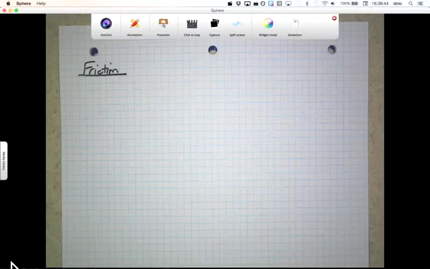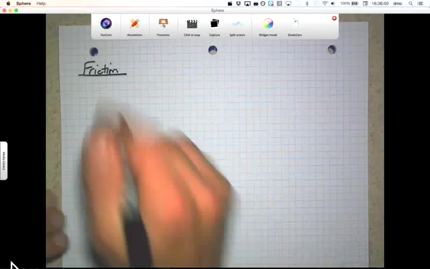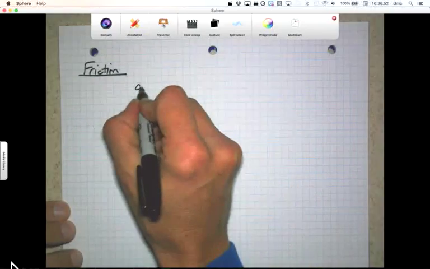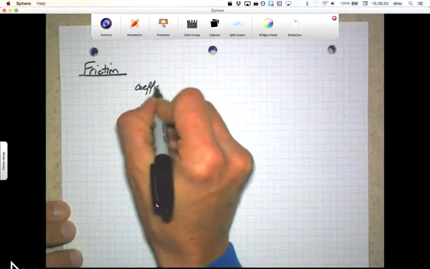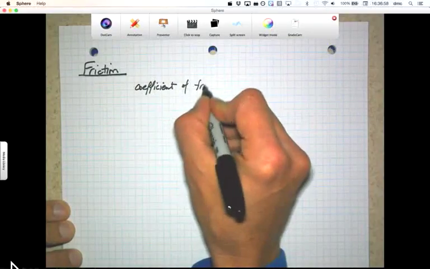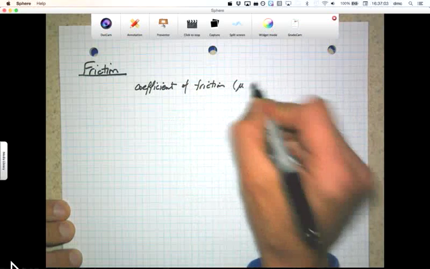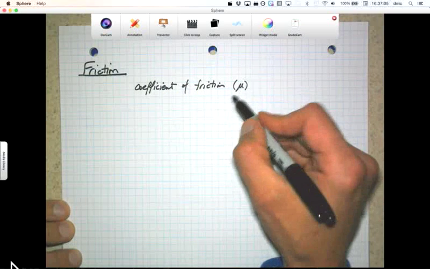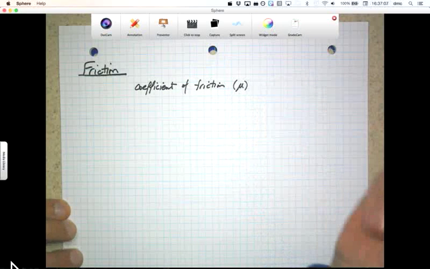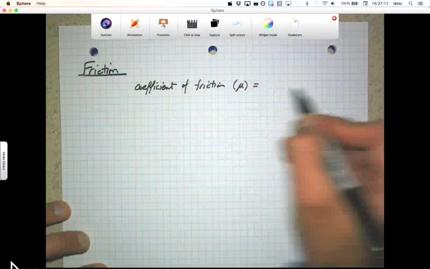So there's something in all of this called the coefficient of friction. So let's talk about that. The coefficient of friction, and we use the Greek letter mu, so it's kind of like an m and a u combined if you want to think about it, but it's mu, is equal to, it's a ratio.